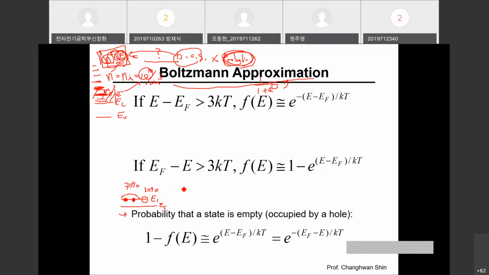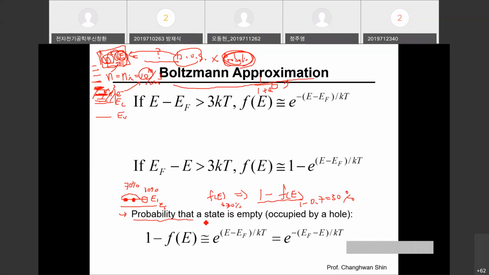Okay. Therefore, once you know the probability of finding an electron, then the probability of finding a hole is quite simple: 1 minus f of E. So if this is 70%, then the probability of finding a hole is 1 minus 0.7. That is 30%. Okay.